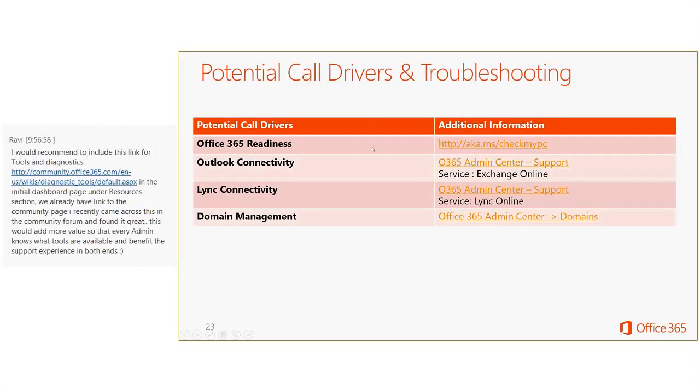So we talked about a couple of different scenarios today. Here's a quick snapshot of those scenarios. We looked at Office 365 Readiness and the Readiness Wizard. We looked at some common places where we see issues around Outlook connectivity, Lync connectivity, and we have some links on how to get to the support page and which services we find those scenarios under. Remember, not all problem areas actually have diagnostics today. We only really provide them where it makes sense to improve your experience.